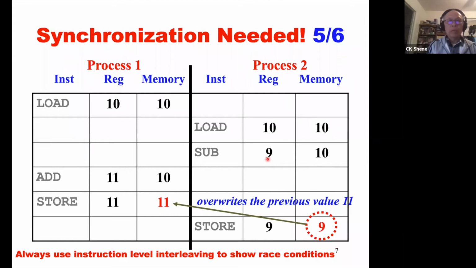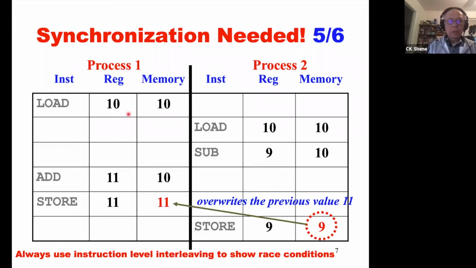No. Remember, the register value of a process will be saved to the process control block when that process is switched out, and restored back to the register when that process resumes its execution.